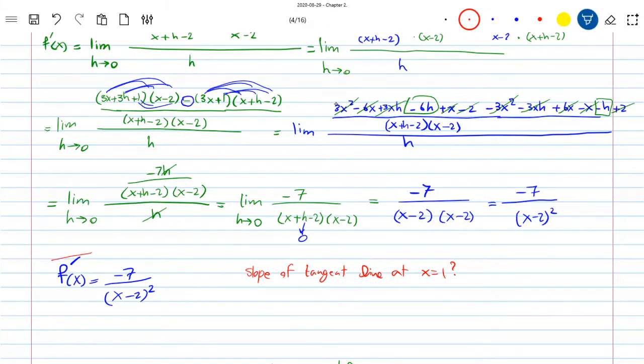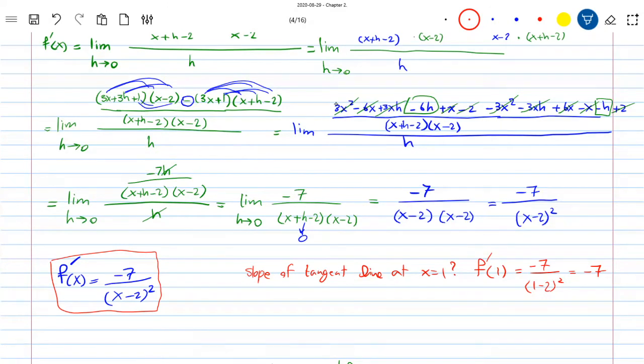But if you have the derivative, the slope of the tangent line at a specific point basically means the derivative at that point. So I already found the derivative function, so I can replace x with 1 here. 1 minus 2 squared, and I can say this is negative 7. So I already have the slope of the tangent line.